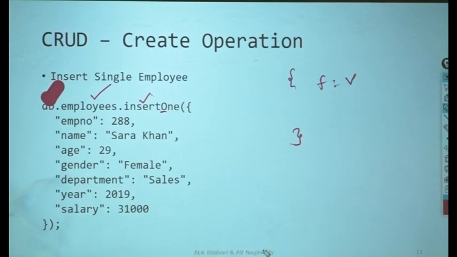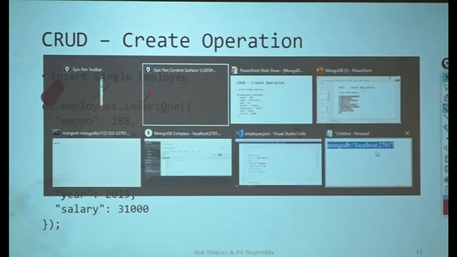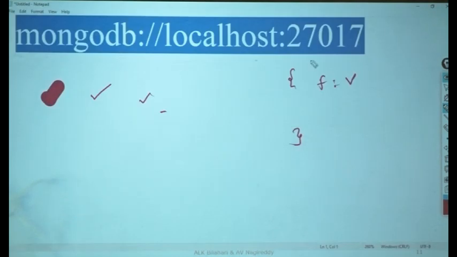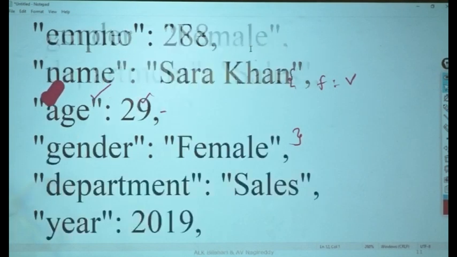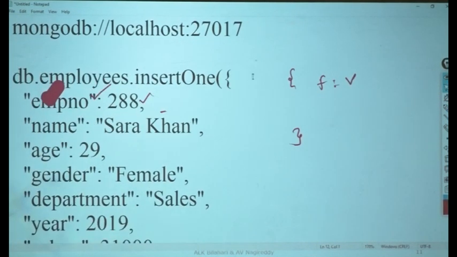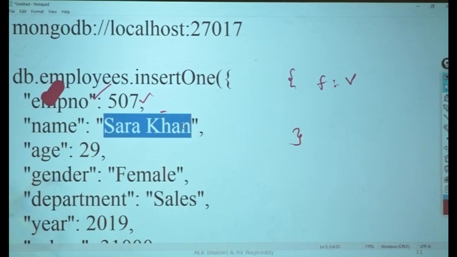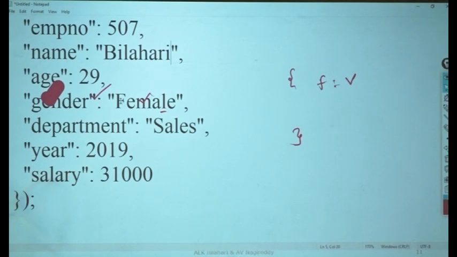Let's try to create this one. Let me open a notepad. Here, I would like to insert employee number 507, name as my name, age, male, and some sales figure. I just wanted to know whether it is getting inserted or not.